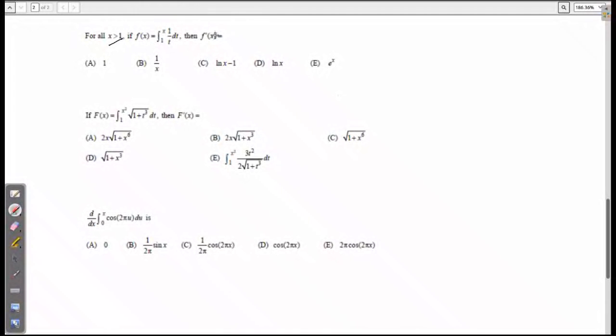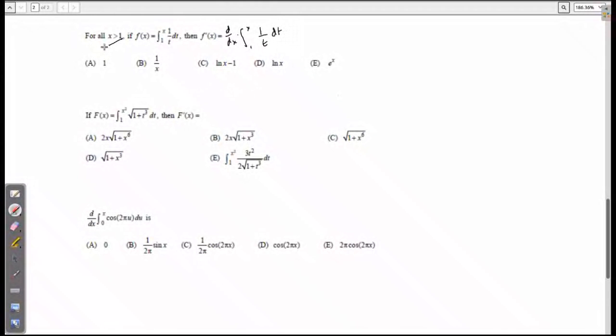Well, I know that f prime is going to be the derivative of this antiderivative from 1 to x of 1 over t dt.